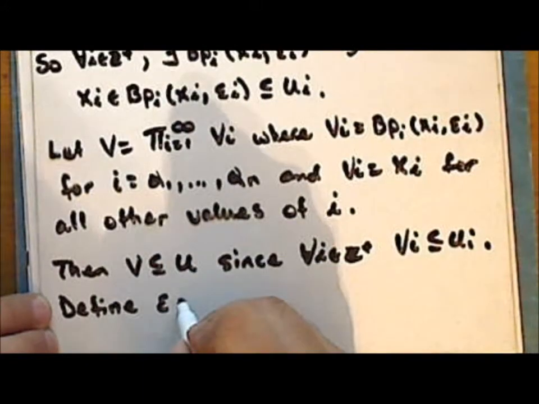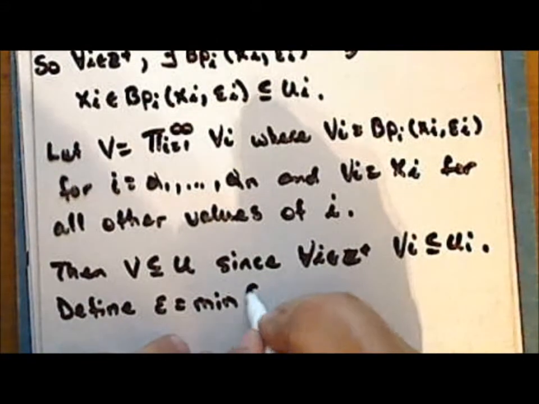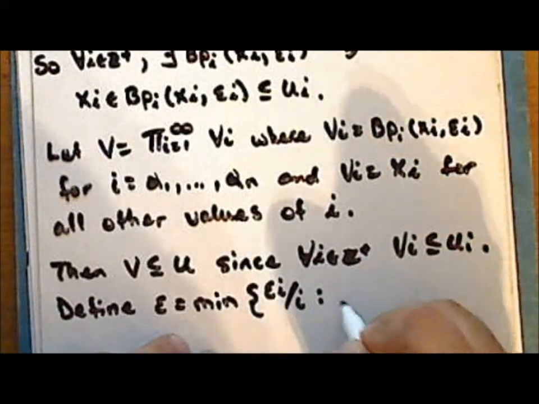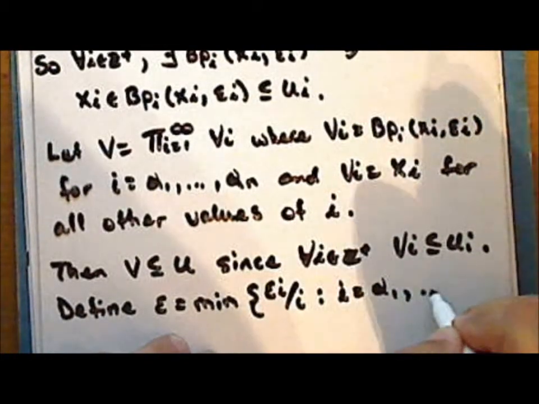So now define the number epsilon to be the smaller of the values of the ratio of epsilon sub I to I, for the values of I being these values alpha 1 through alpha n.